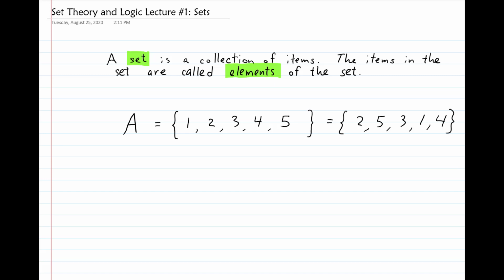I like to think of it like this. A set is a cardboard box. And the things that you see when you peer into the box are the elements. Now, if I had a cardboard box, and let's just pretend that there were 5 wooden blocks in there, and one block had a 1 on it, and another one had a 2, and a 3, and a 4, and a 5.